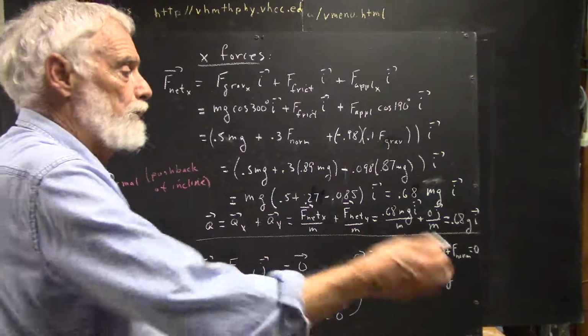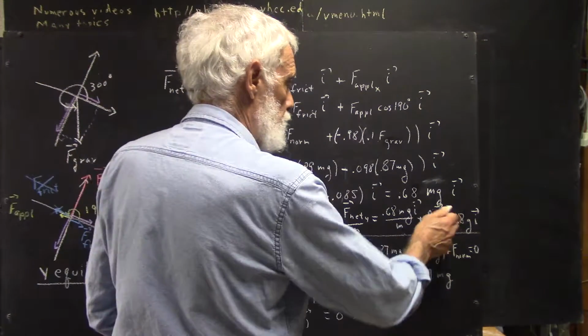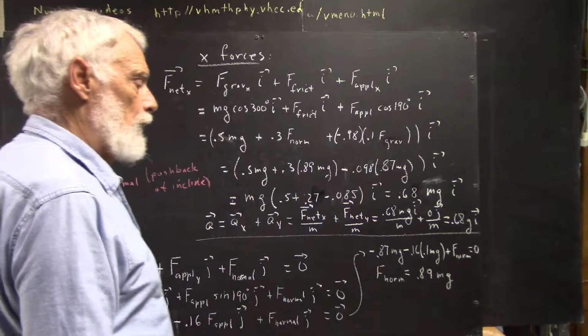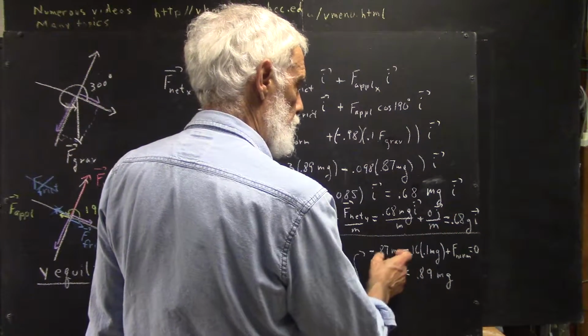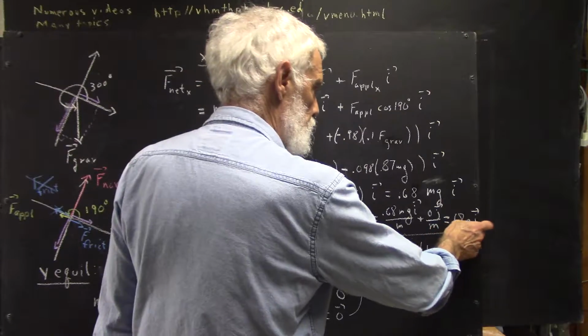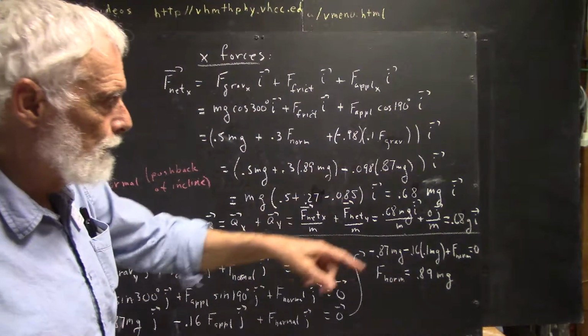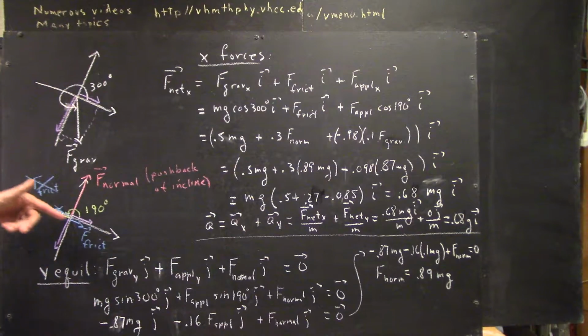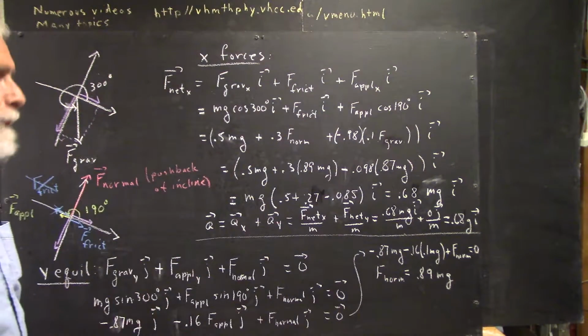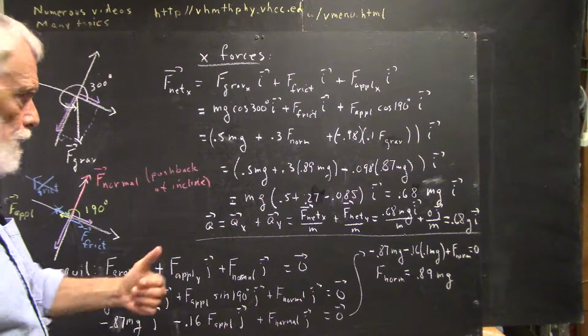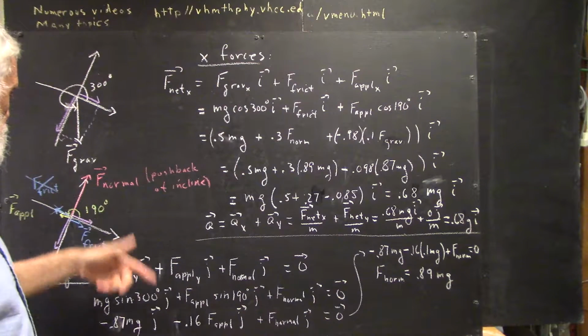And we can write it as 0j just so we can have an i and a j and we know exactly what we're talking about. But of course we're going to get nothing out of this, and out of this we get 0.68 g. So our acceleration is 0.68 g times i, being the unit vector in the x direction, so we know that we have an acceleration. It's about 2/3, a little more than 2/3 the acceleration of gravity in the direction down the incline.